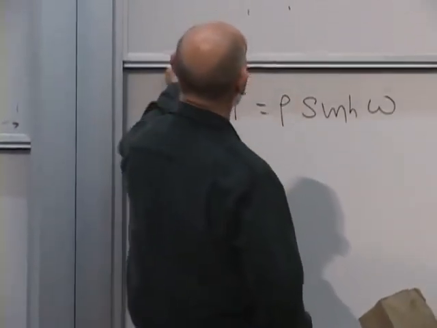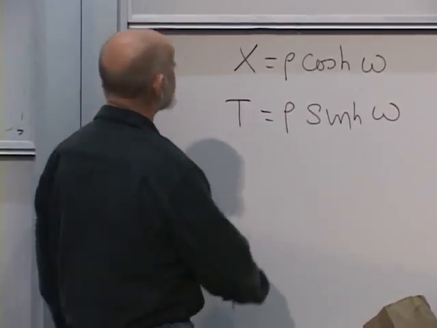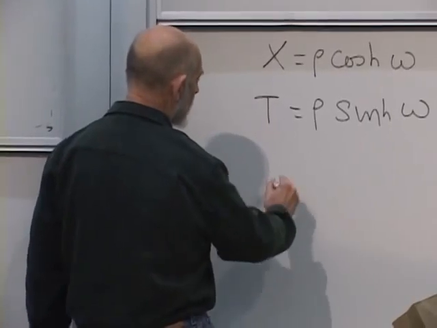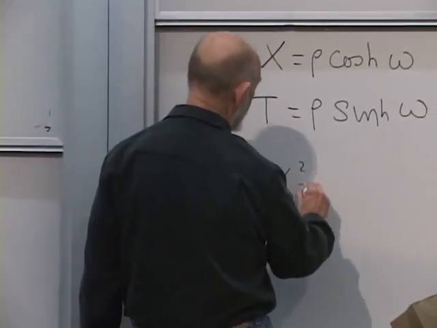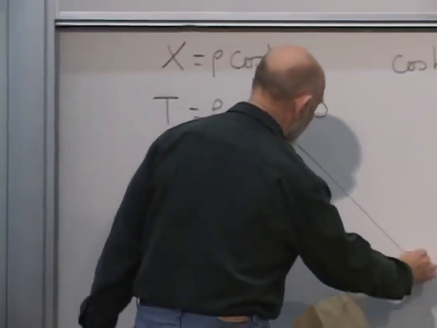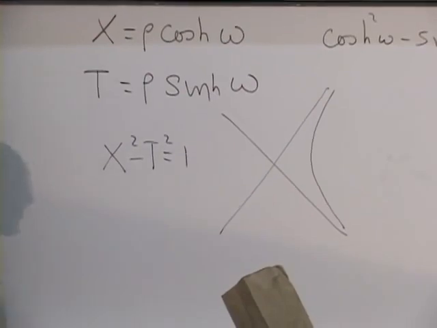We do the same thing, except not with a circle, but with a hyperbola. Let's take the hyperbola, not x squared plus y squared equals 1, but x squared minus t squared equals 1. That's a hyperbola that looks like this.